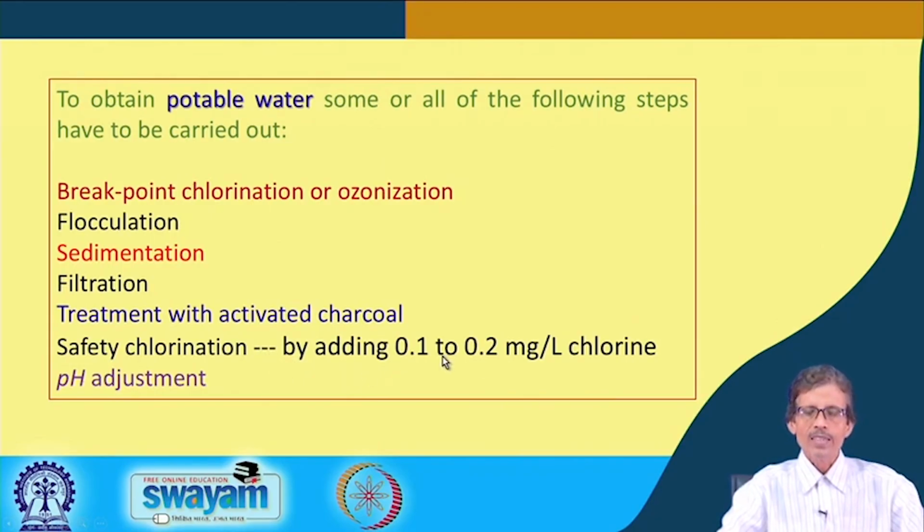In these cases we add a very small amount of chlorine, either in solid form like bleaching powder or by passing chlorine directly from cylinders. A level of 0.1 to 0.2 milligram per liter of water can be added for chlorination, which is a septic chlorination, because if your water is a little alkaline in nature, we cannot go for a higher amount of chlorine.